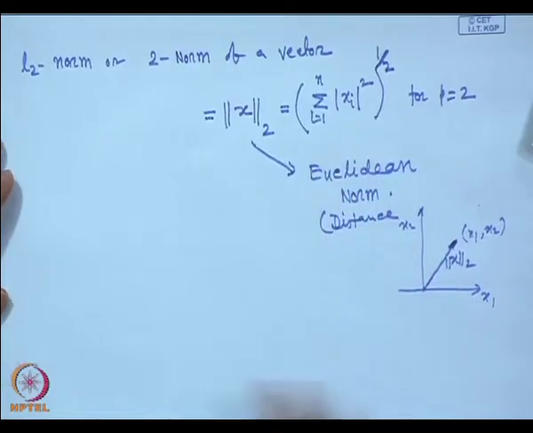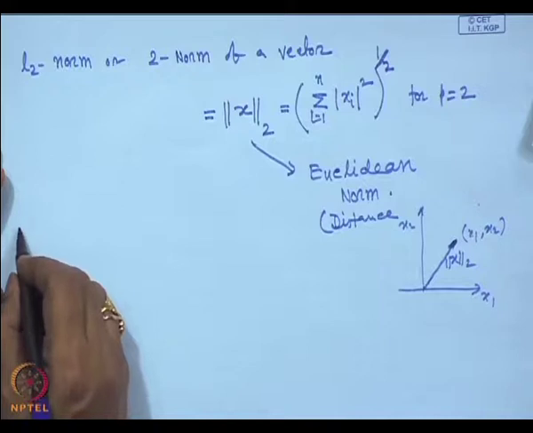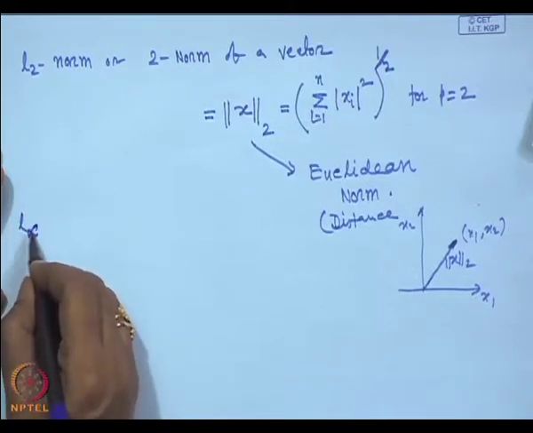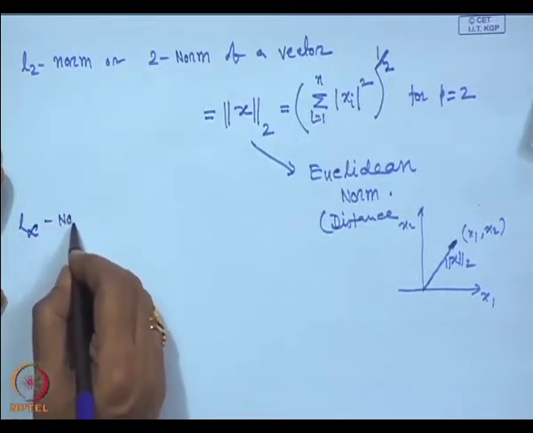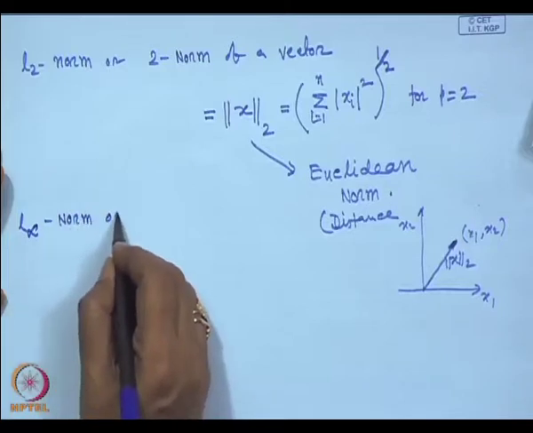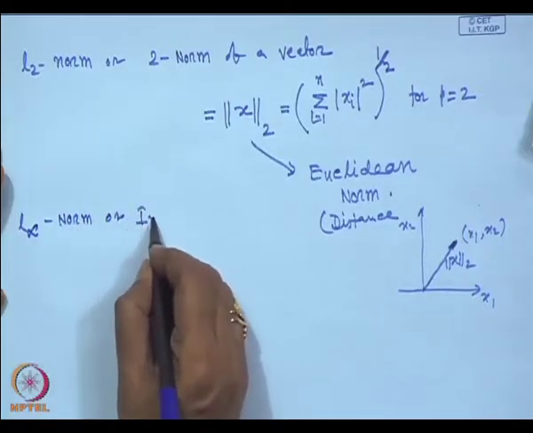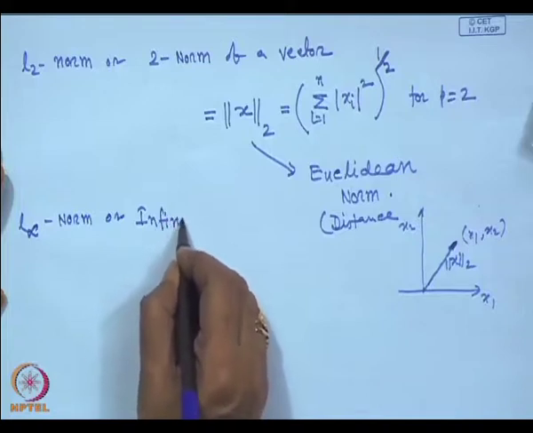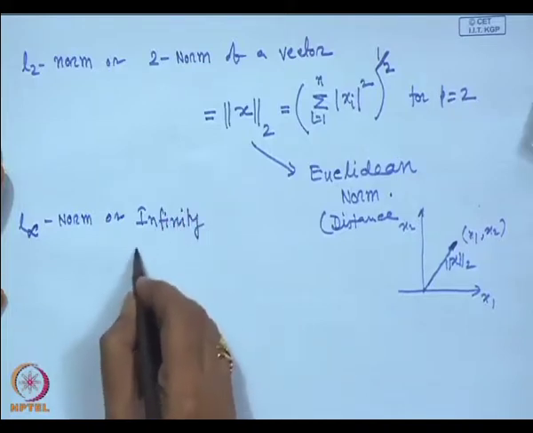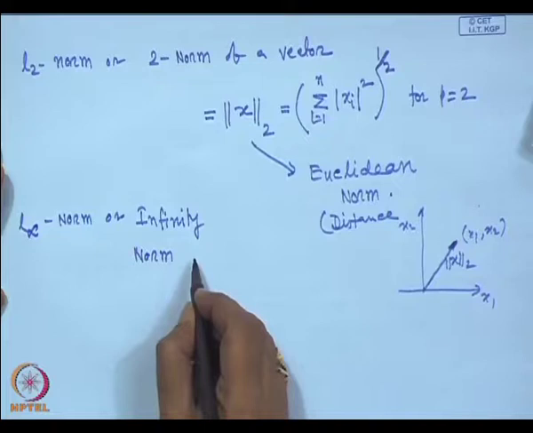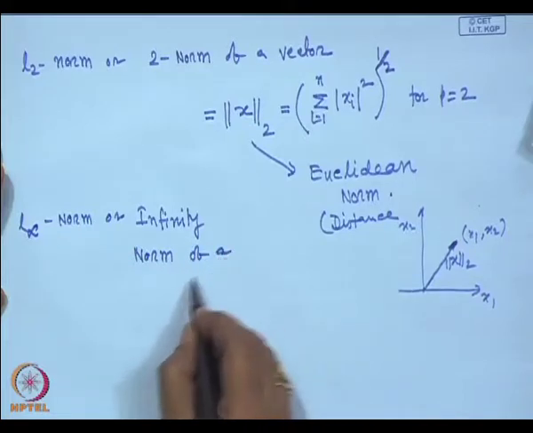Next is your L infinity norm, or simply called the infinity norm of a vector.